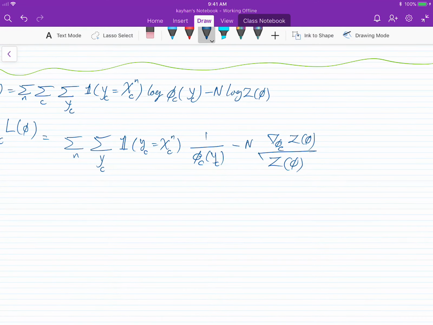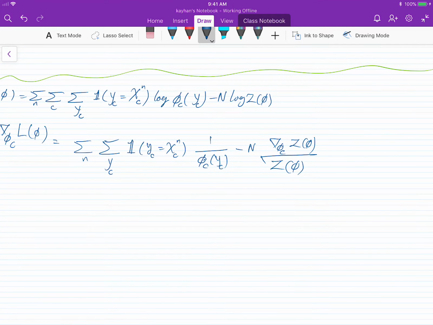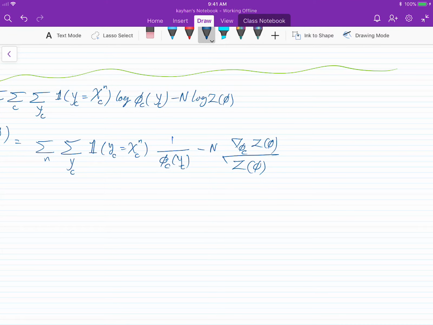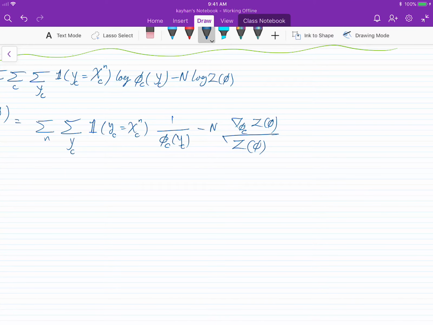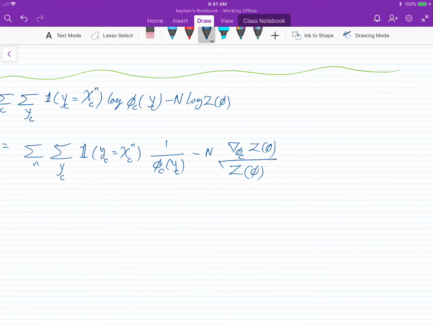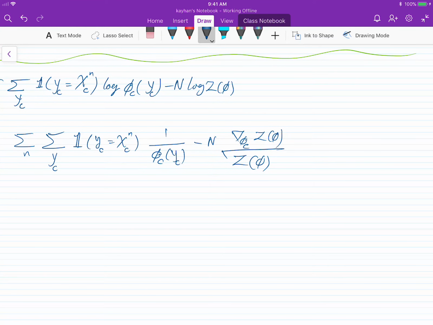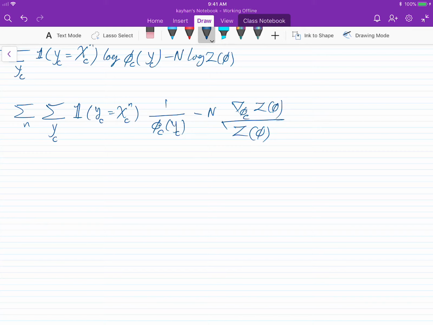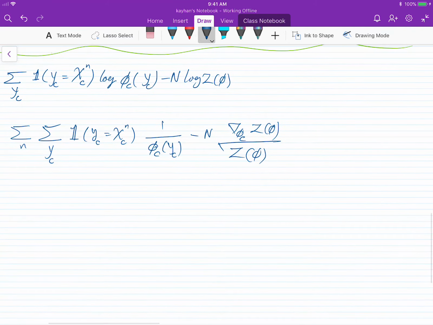okay. Remember how the z looked? It was a summation over all of the terms, like here. And so now if I take a gradient of the z, what am I going to get? Remember how my z looked? So I'm going to work out only this term. It's going to use a similar trick that we did last time.